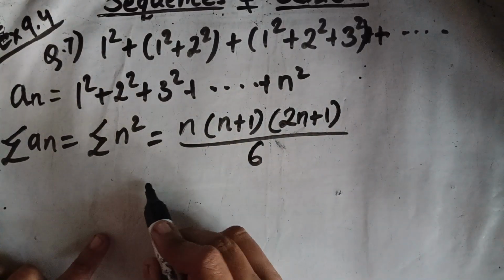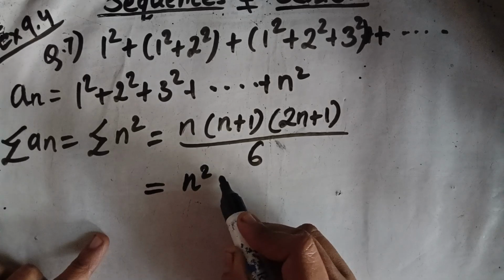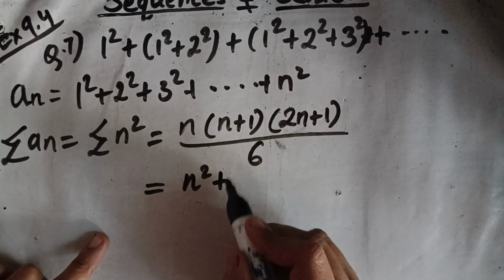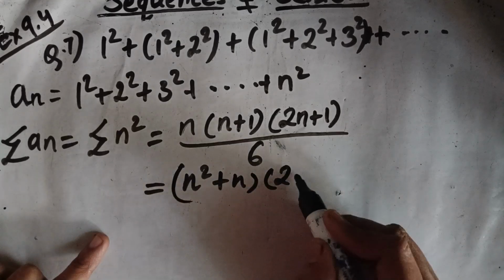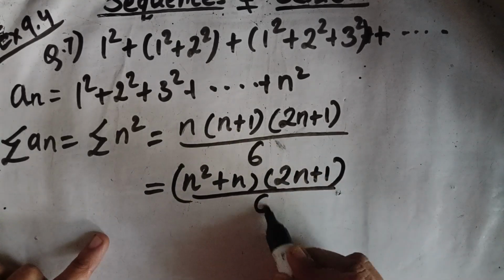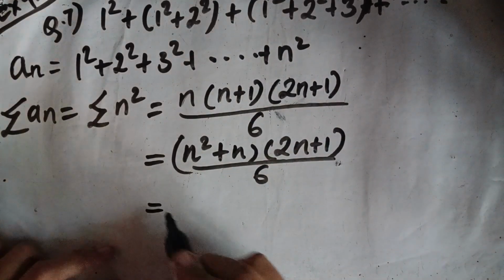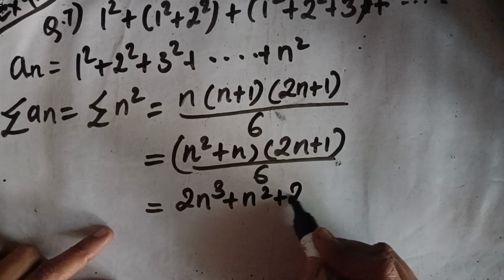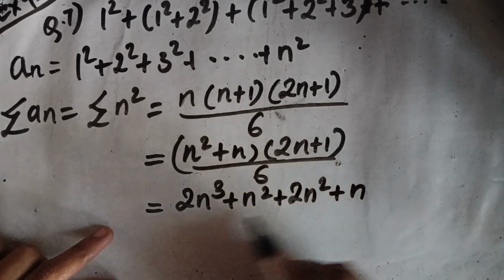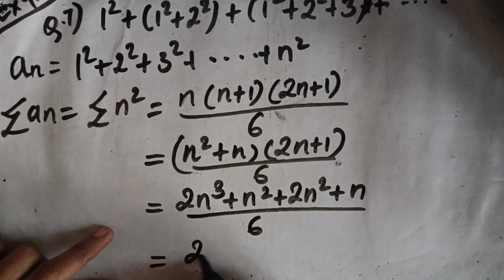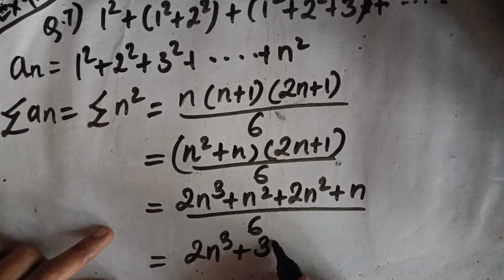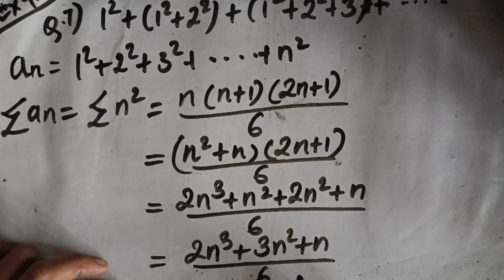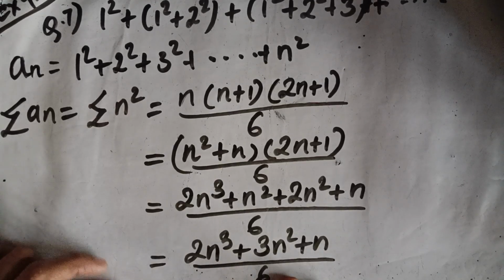Okay, so multiplying you will get n square plus... Okay. So you have to find the sum of these terms now.